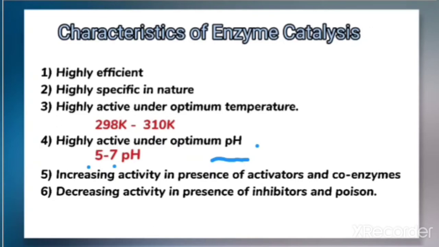The next point is increasing the activity in the presence of activators and coenzymes. So the enzyme activity is increased in the presence of certain substances called coenzymes. It has been observed that when a small non-protein part like a vitamin is present with an enzyme, the catalytic activity is enhanced, or we can say it increased.